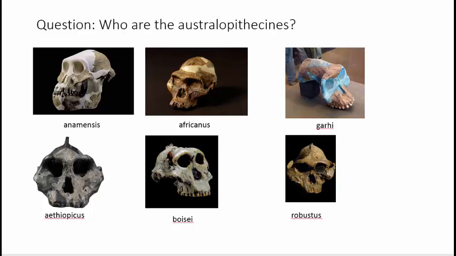A special group of australopithecines, the robust australopithecines, possessed a number of robust cranial and dental traits, such as a sagittal crest and large posterior teeth. The robust australopithecines include Australopithecus aethiopicus, Australopithecus boisei, and Australopithecus robustus, a South African descendant of Australopithecus africanus.